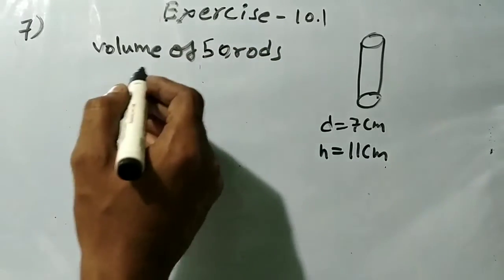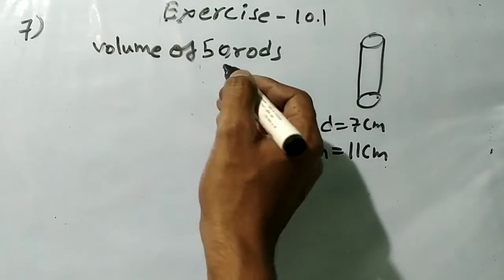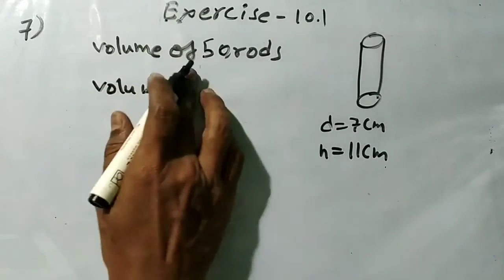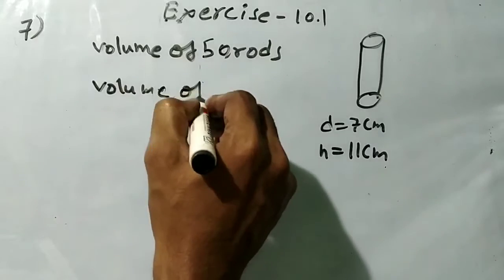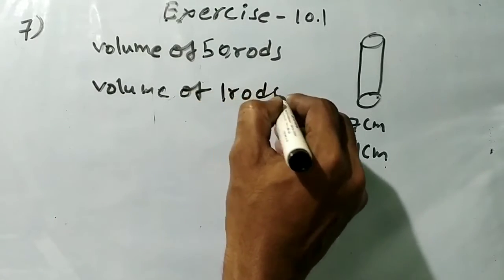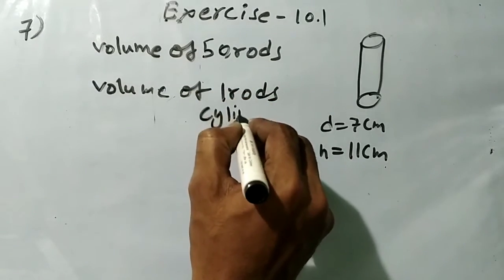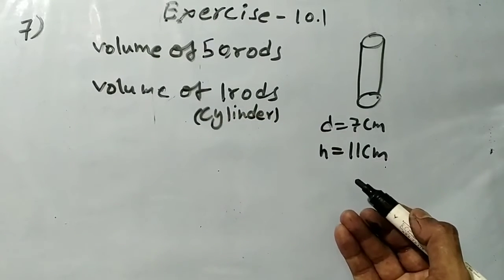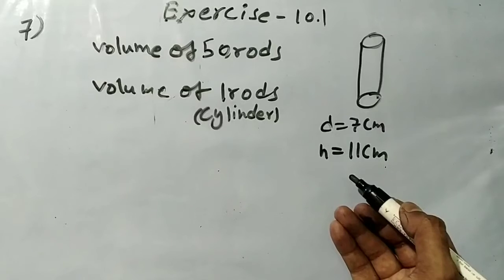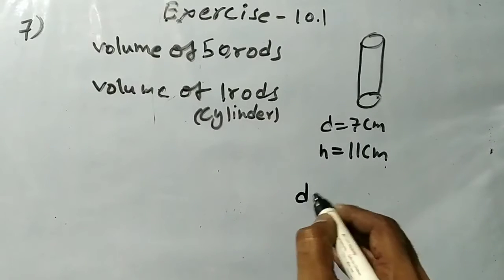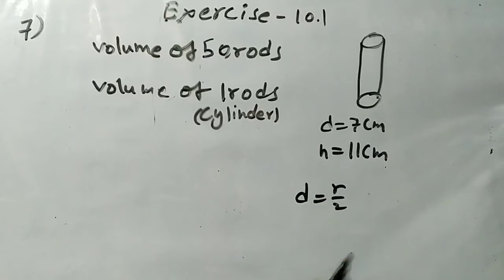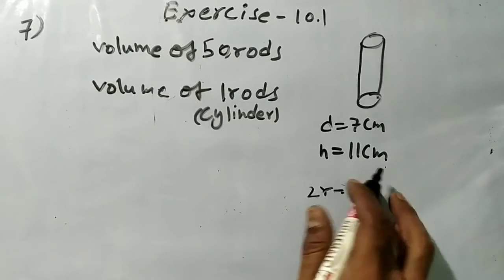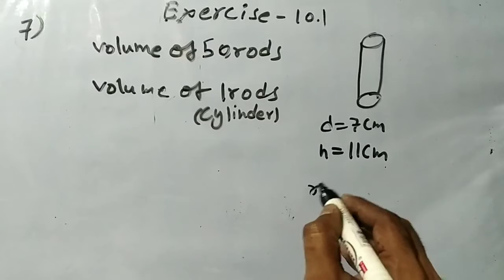Before the volume of 50 rods, we have to find the volume of one rod, that is the volume of one cylinder. Here D is equal to 2R, so R is equal to D/2.